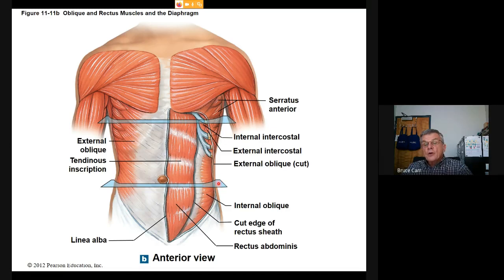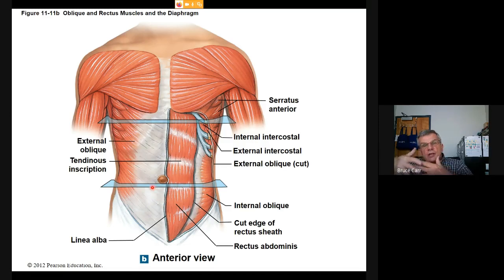And around here, another layer called the external obliques have been cut away. You'll notice that they run at an angle down from lateral and superior to medial and inferior.